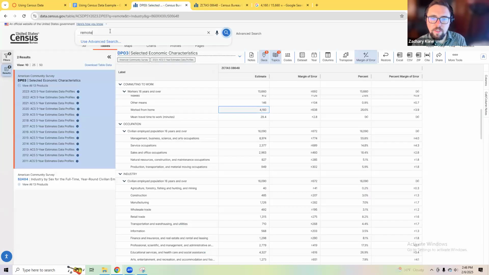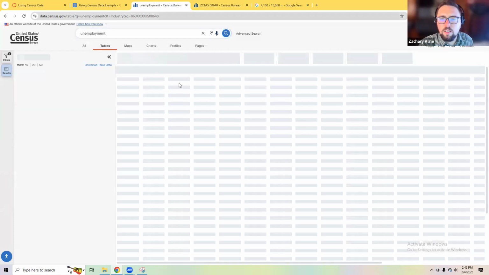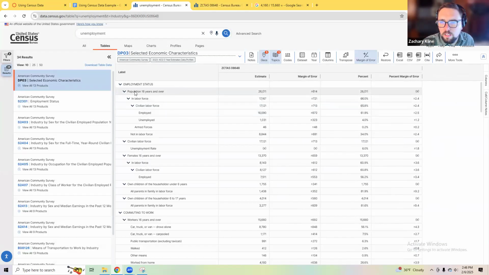So let's first see if we can get the unemployment directly. Employment status. This is the number of folks that are in the labor force. So notice here that those who are in the labor force could either be actually employed or unemployed. In the labor force means you're currently working or you're looking for a job.